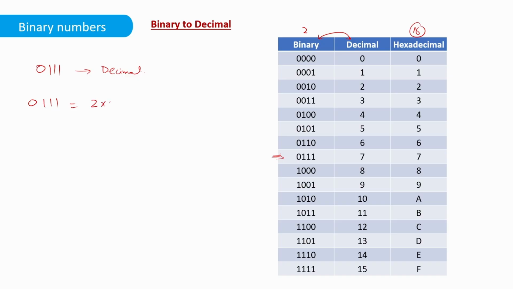So 2 times 0 for the first one plus 2 times 1 for the second one, right? Then we have these digits which are 1. So 2 times 1 for this one, and then for the last one, 2 times 1.